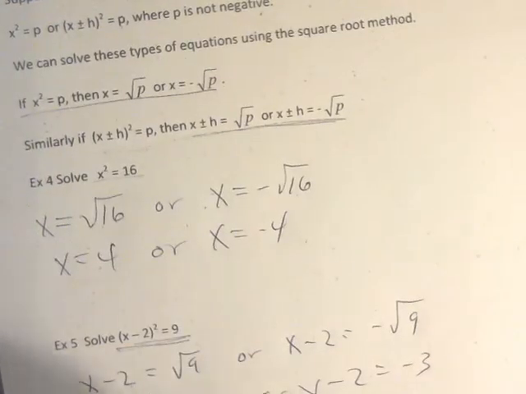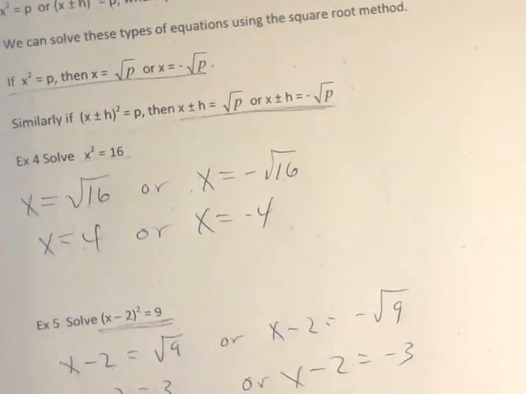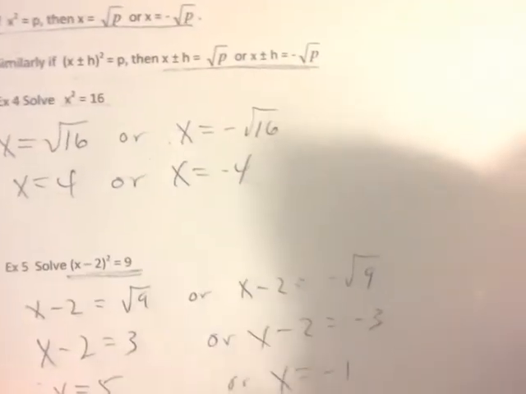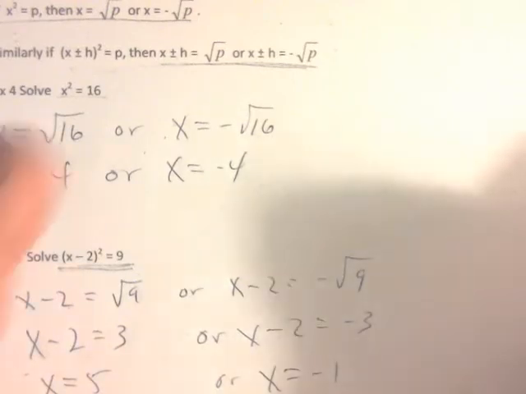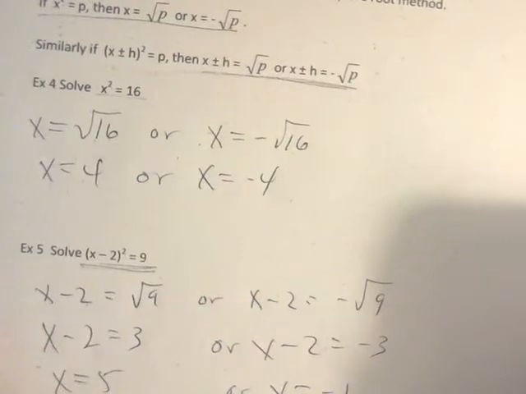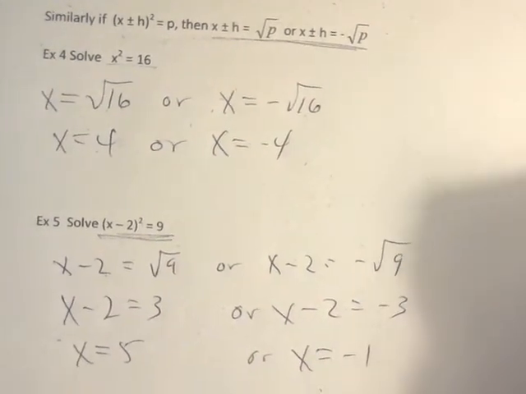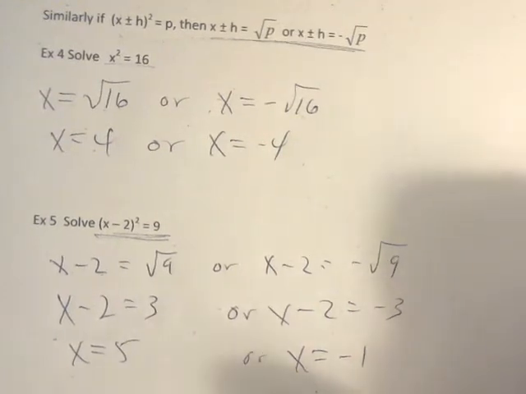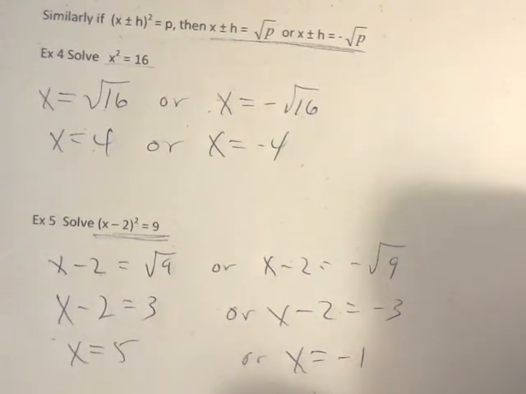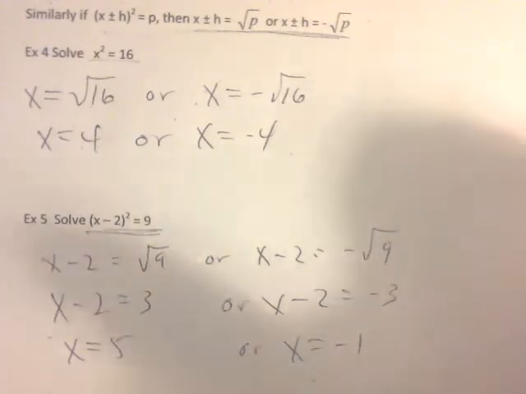Add 2, so x is 5, or x is negative 1. So try to just get the basic process, and then we work on different types of examples when we meet. Okay, so we just want to get the basic understanding of the process to follow. We'll deal with different values in class.